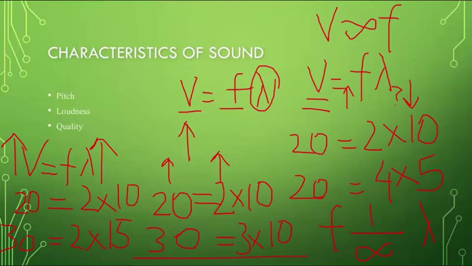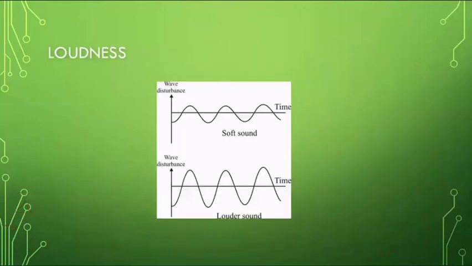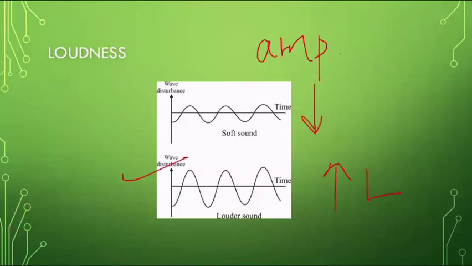Coming back to the characteristics of sound. So the first characteristic is loudness, which depends on the amplitude. If you have a greater amplitude, then you have a louder sound. And if you have a lesser amplitude, a lower amplitude, you have a softer sound.